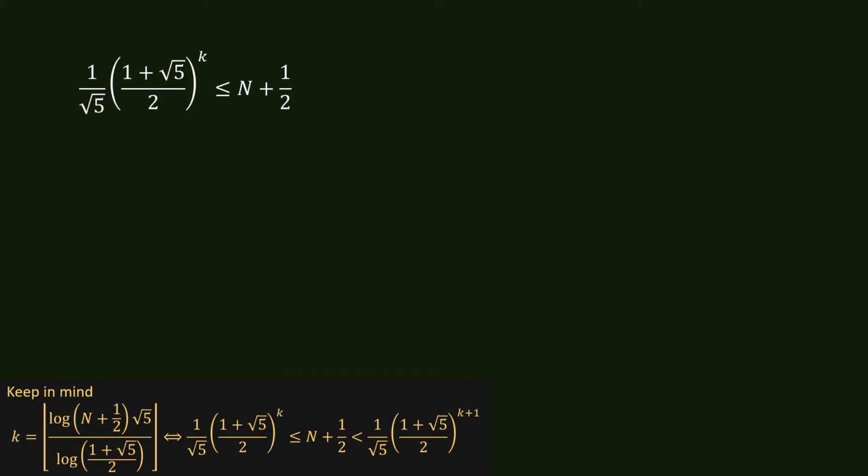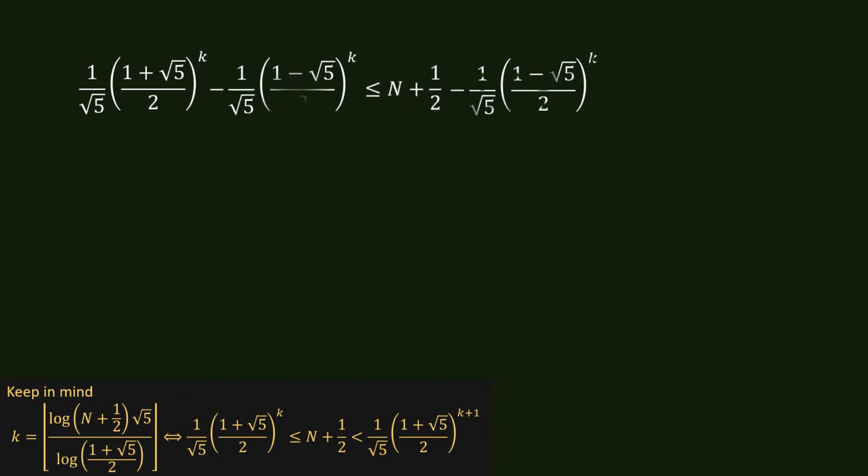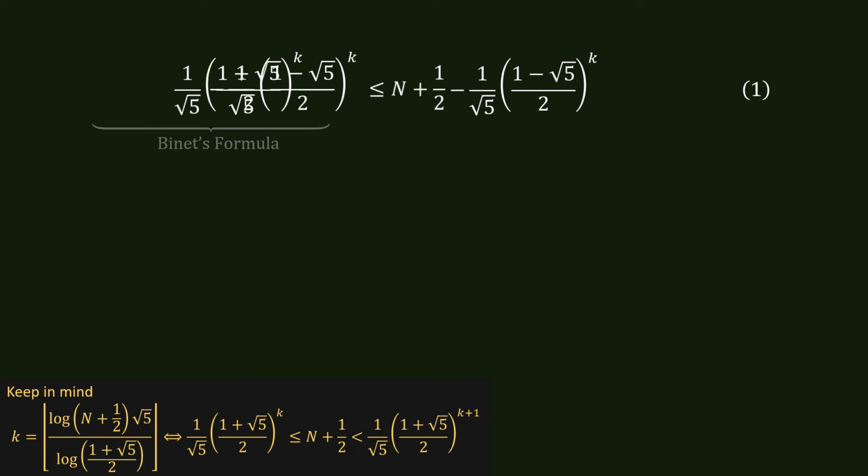One of the techniques to prove an inequality is by moving backward. Now, we subtract both sides by this quantity. We do this because this entire quantity is actually the Binet formula for the Fibonacci number. For details of the formula, I put it in the description.